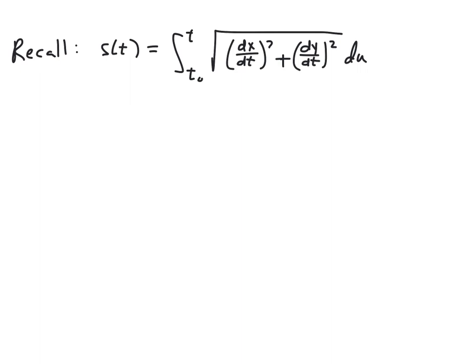So we thought of that function as a function of a dummy parameter u. If we then differentiate this, we have ds dt equal to the integrand. This is just the first fundamental theorem of calculus.